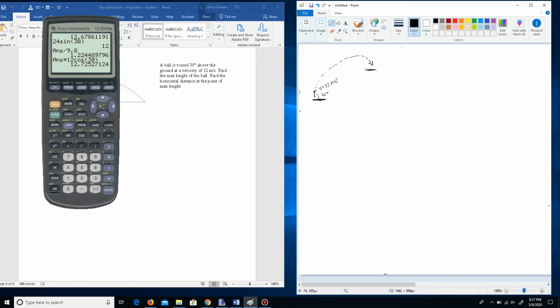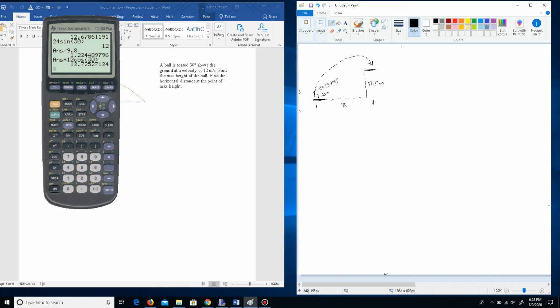And let's say this height here is going to be 13.5 meters. Okay. And let's say we know we hit it, so we want to find the distance here.